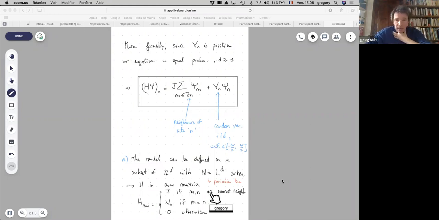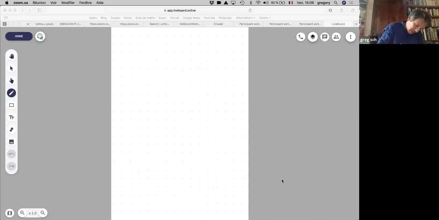If I look at how this matrix looks in 1D, that would be a tridiagonal matrix, right? I would have random numbers on the diagonal, and I would have these J, which are non-random numbers, on the first off-diagonal terms. So maybe it's useful to write it in 1D, just to fix the idea.